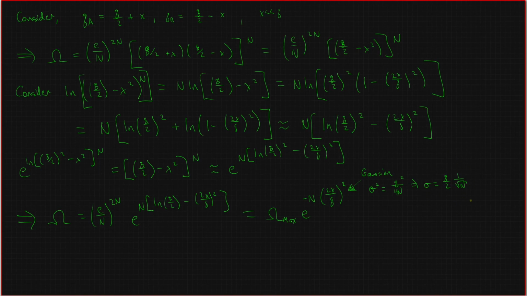Maybe you don't know that, but that's something that I always remember. So this is telling us that as n gets really, really large, the standard deviation, which is basically the spread from the peaked value, gets really, really small. So if n is of the order 10 to the 23, this becomes extremely peaked.